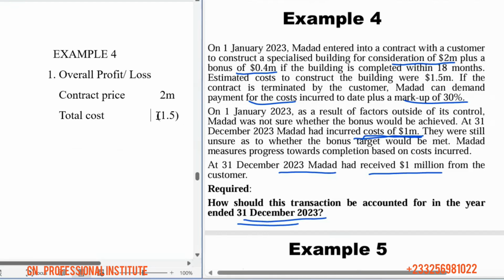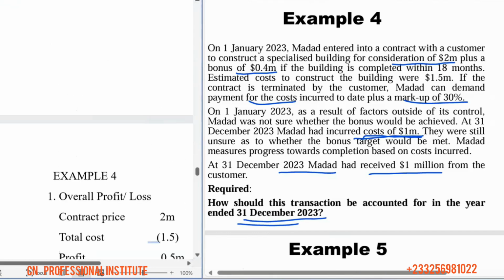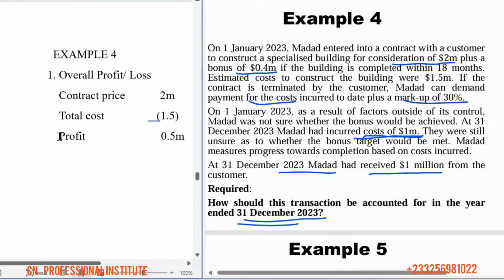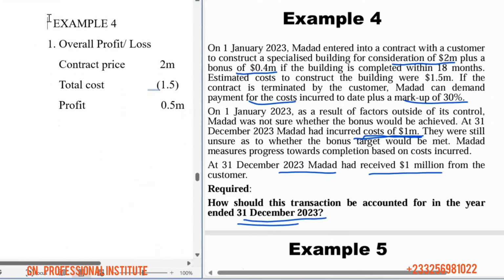So you deduct and you have an overall profit of 0.5 million. So with this one here, there's no onerous contract. With example 4, there's no onerous contract.